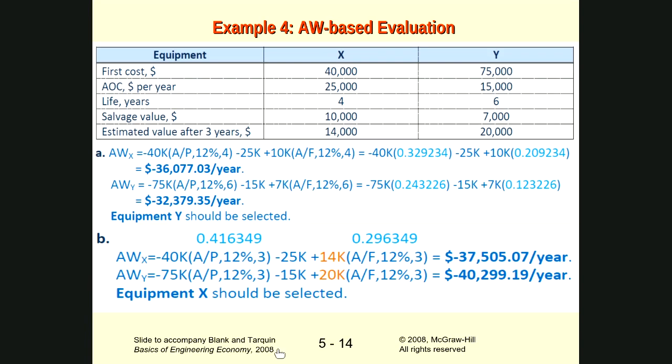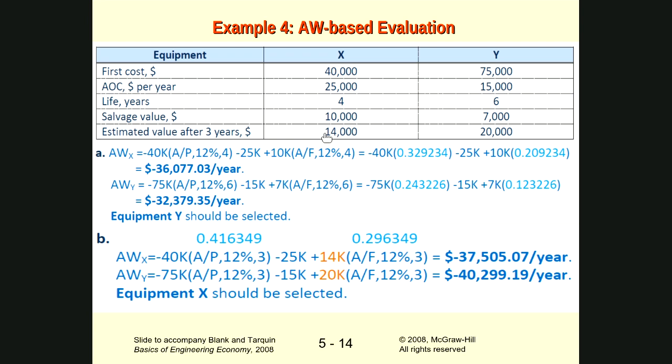Let's see part A. When you convert all these values to annual, you convert the 40,000 to annual using minus sign, A given P for 4 years, because N equals 4. And for the 25,000, no conversion is needed because it is the annual operating cost. For the salvage value, pay attention now, we use the 10,000, we didn't use the 14,000. Why? Because now we are calculating the annual worth for the whole period.